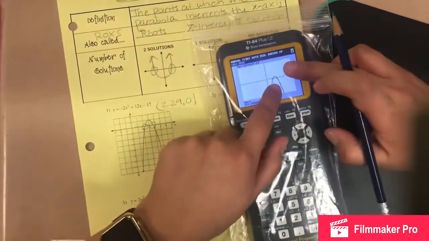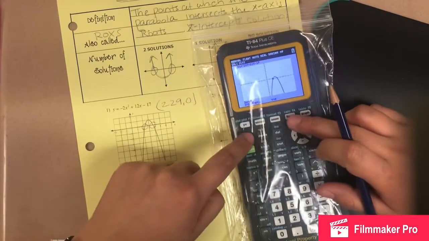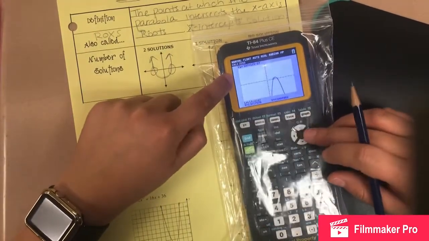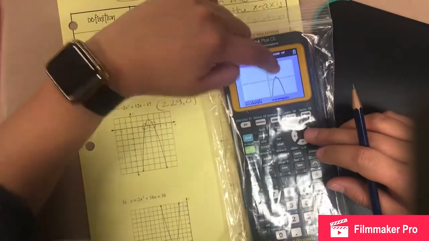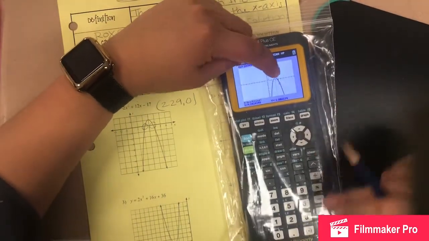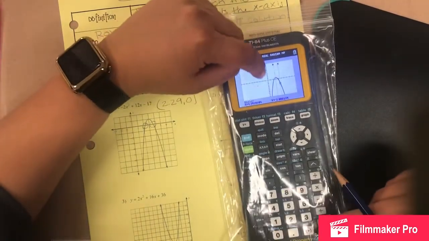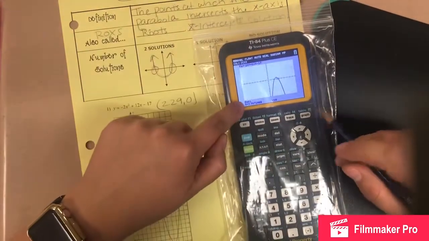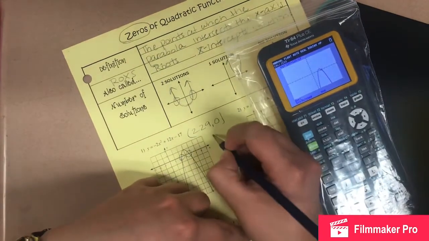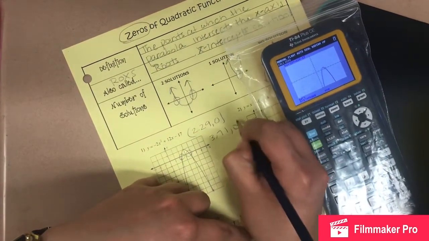And then I want to do the same thing for the right side, so I'm going to do second trace, number 2 again, but I want to be on the left of the right zero, and then on the right side of the right zero, and then hit enter a third time. And this zero is 3.71, zero.